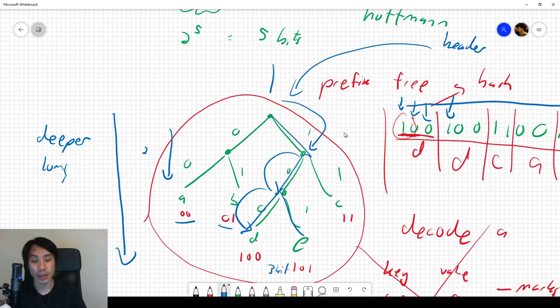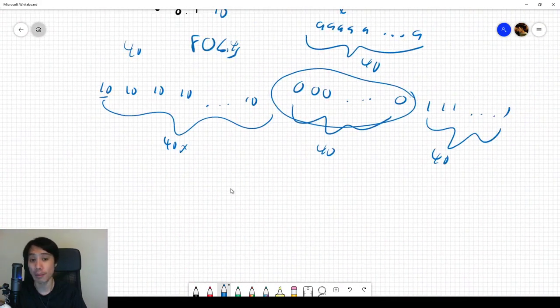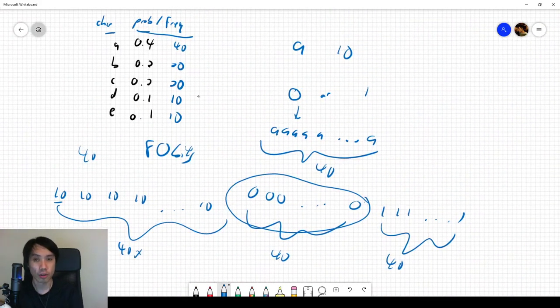So there's actually a relationship between the number of bits and height. When you build a tree for your Huffman encoding, you want the highest frequency one to be at the top, the minimum height, and you want the lowest frequency to be at the bottom, the maximum height. So this is the concept behind it.